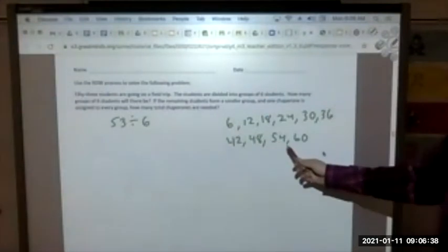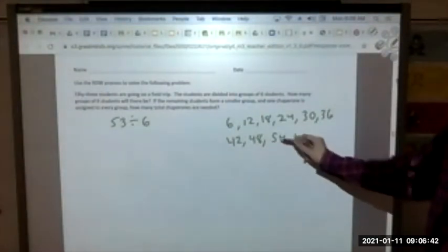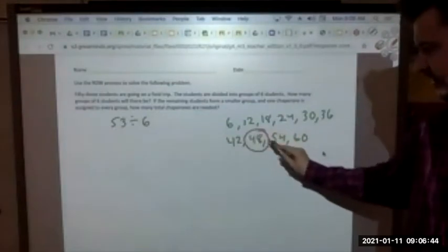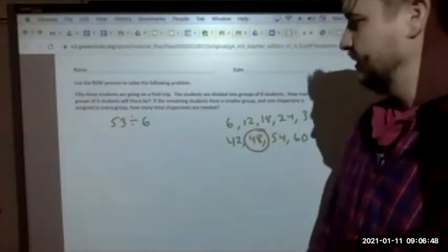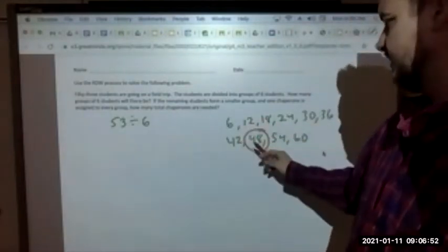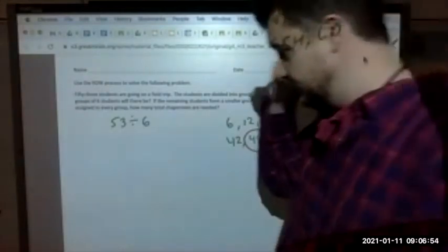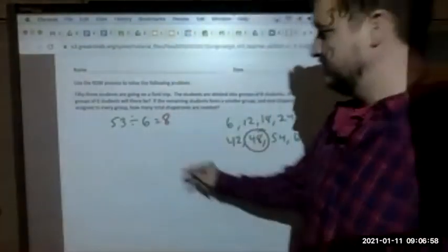We have the closest we can get. Looks like 54, but it's actually 48 because 54 is over the amount. So 1, 2, 3, 4, 5, 6, 7, 8, 9, 10. The quotient is 8. 48.